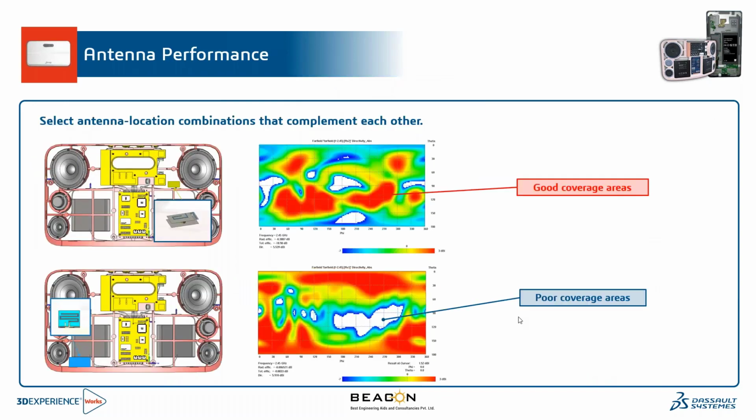So now, with respect to the different antenna combinations here, we can see which type of antenna provides a better coverage area. If the antenna is positioned next to the right side of the speaker, and there is one more antenna positioned at the bottom of it, based on the total scan pattern, these two antennas were selected, and we can see which provides good coverage areas.